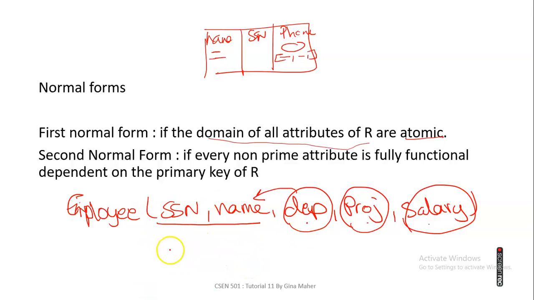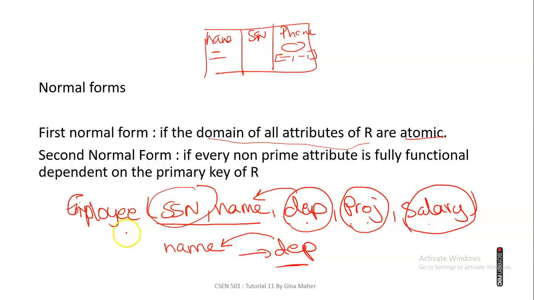For example, we cannot have an attribute dependent on part of the primary key. So, if a relation has a primary key of one attribute only, then definitely it is in the second normal form. When do we start to ask whether this relation is in the second normal form or not?